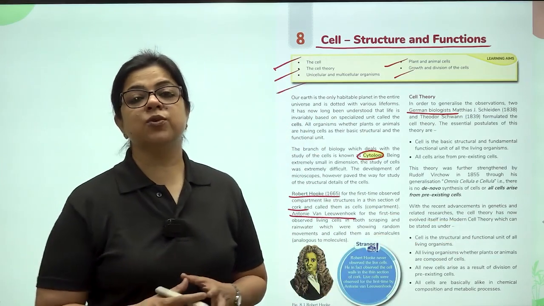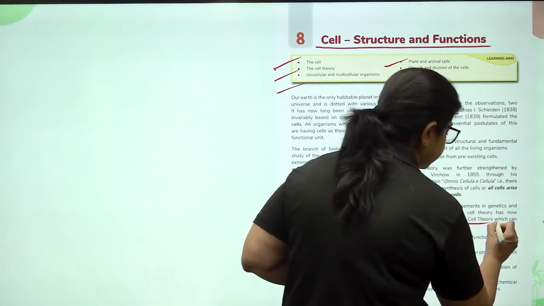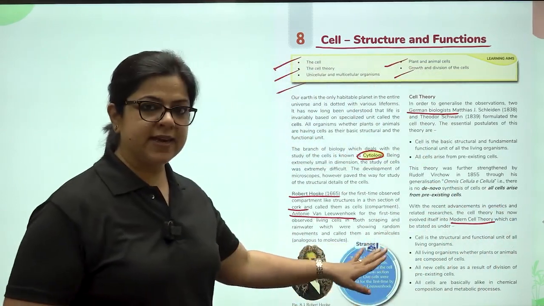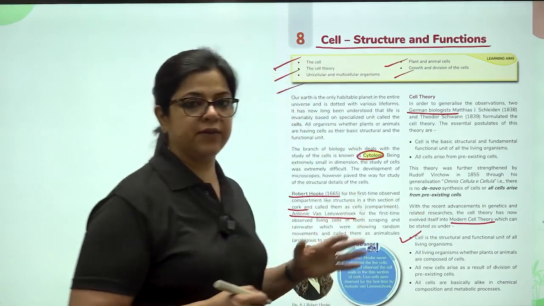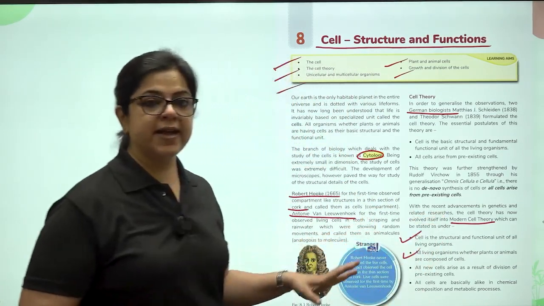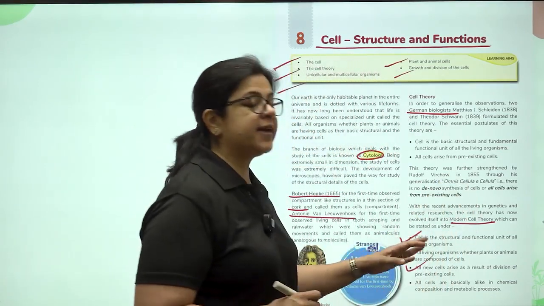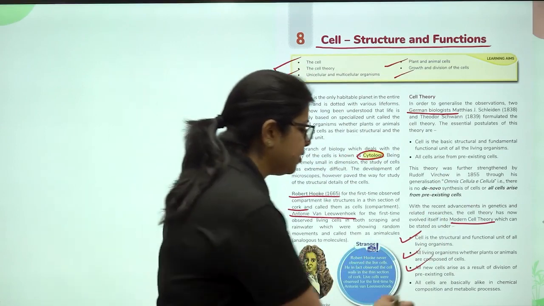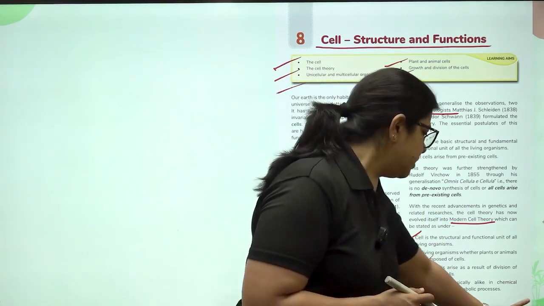Now, there is also an amendment to the theory which is known as the modern cell theory. It says that cell is the structural and functional unit of all living organisms. All living organisms are composed of cells. All cells arise as a result of division of pre-existing cells, and all cells are basically alike in their chemical composition and metabolic processes.